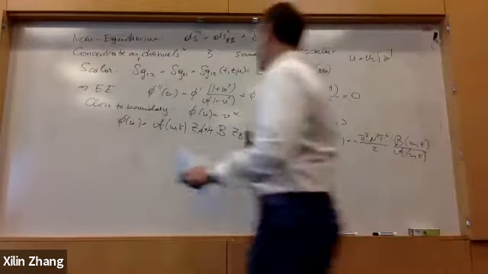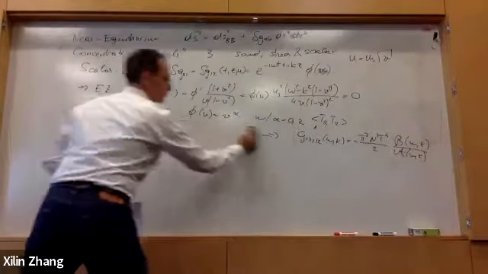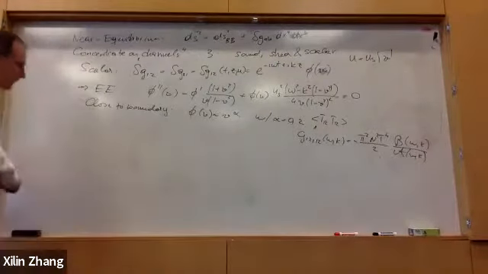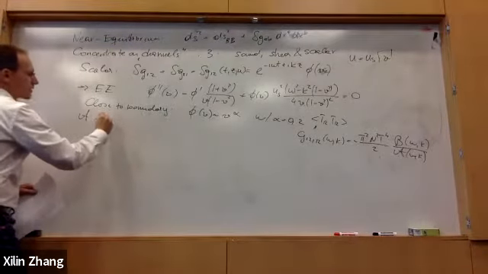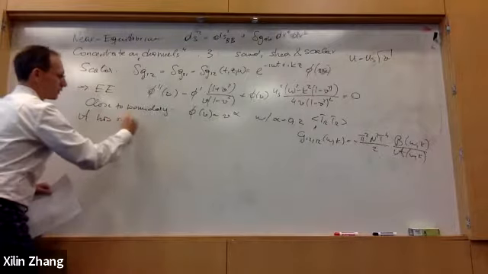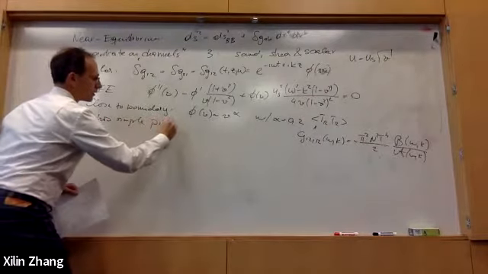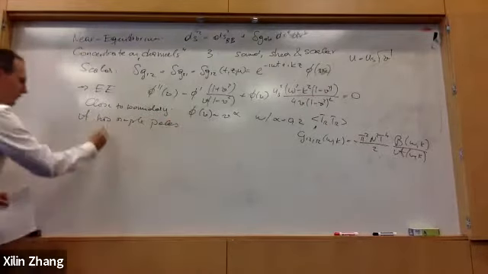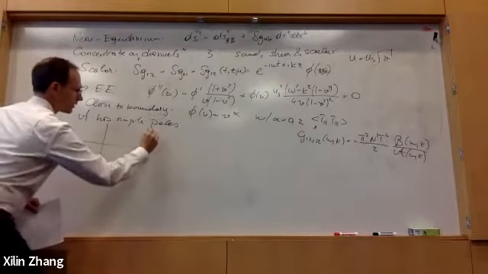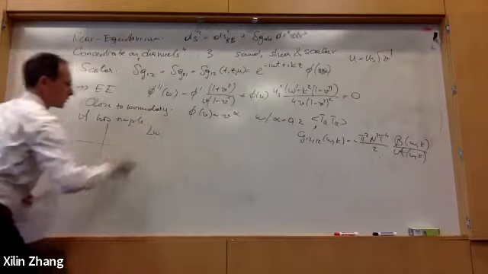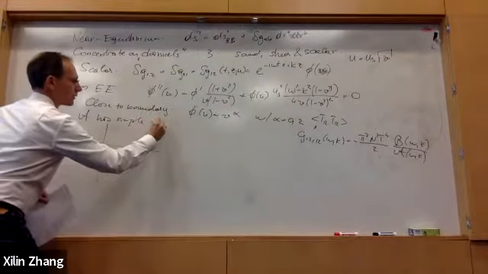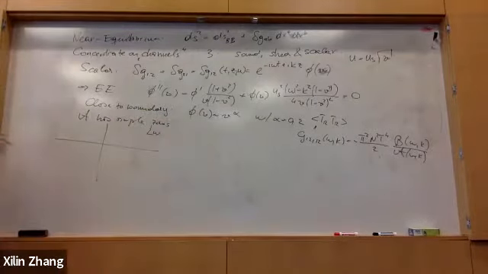So let me just show you what it looks like. Where A has simple poles. It looks like this. It has a plot. Simple zeros, which means that G has simple poles.